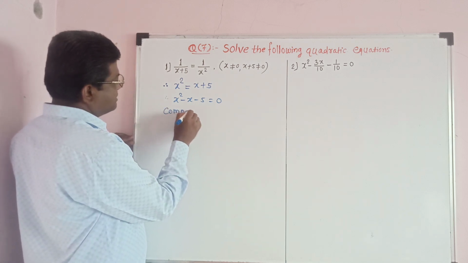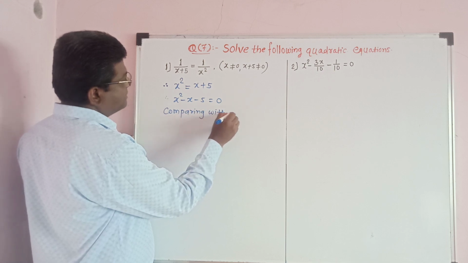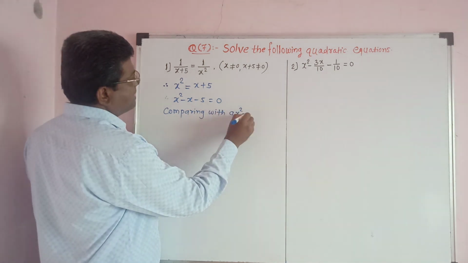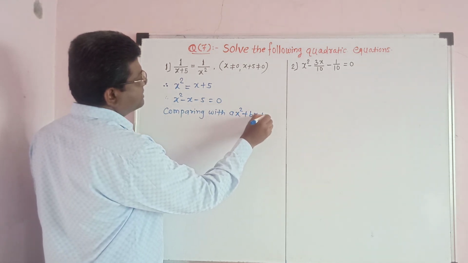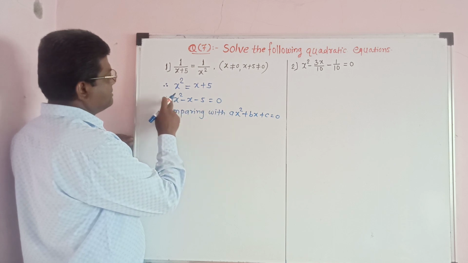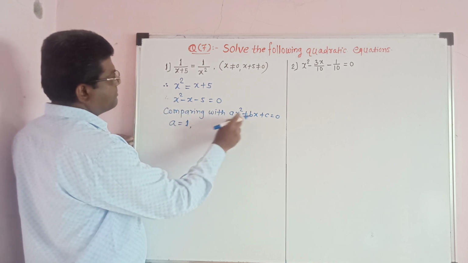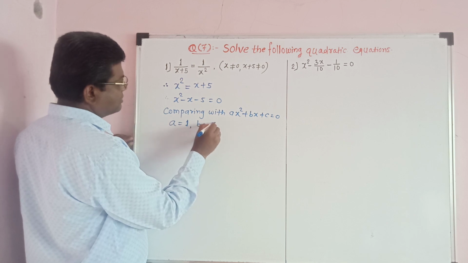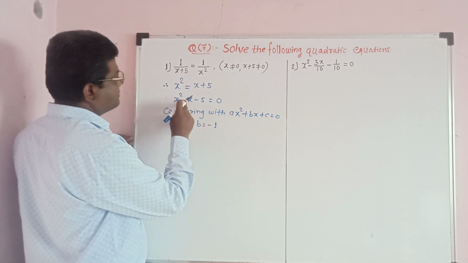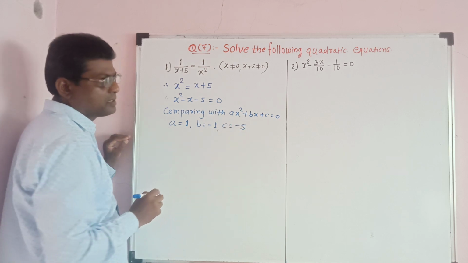Comparing with ax square plus bx plus c is equal to 0. Therefore, a is equal to 1, b is equal to minus 1, c is equal to minus 5.